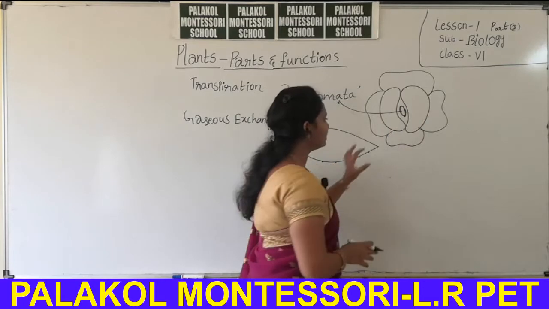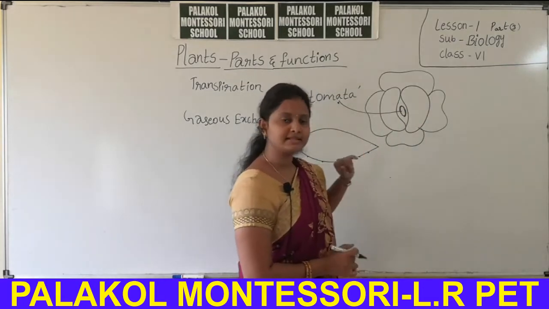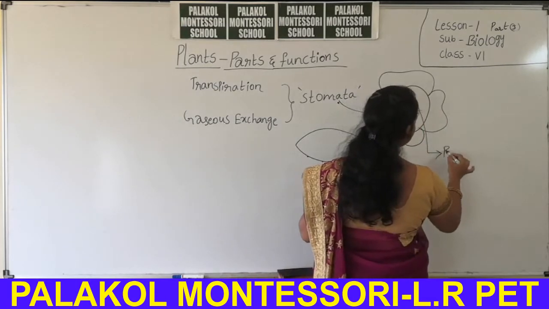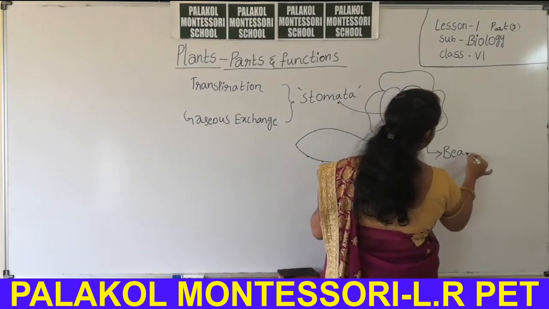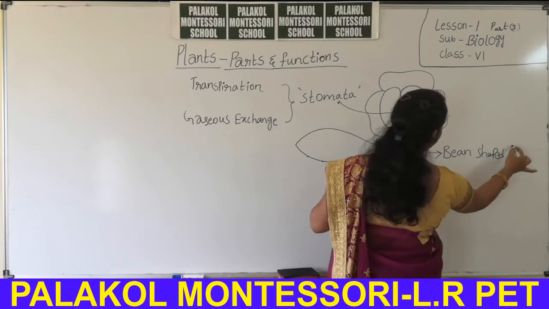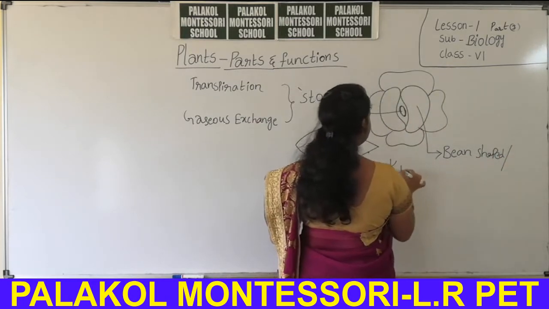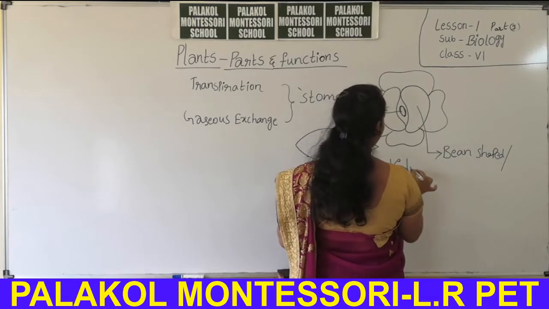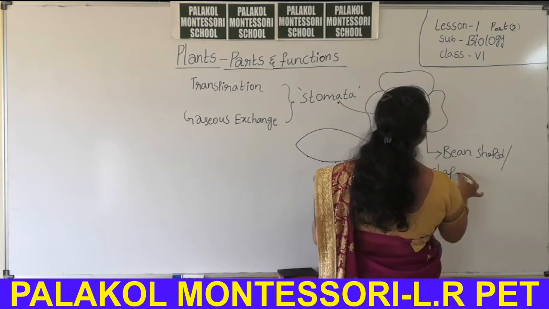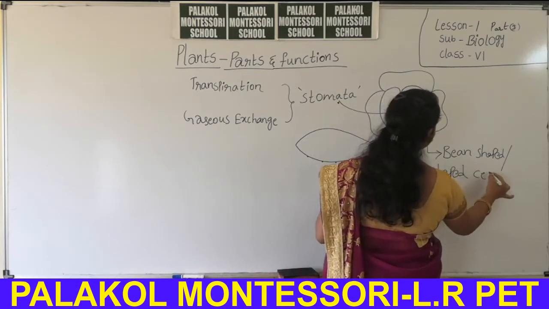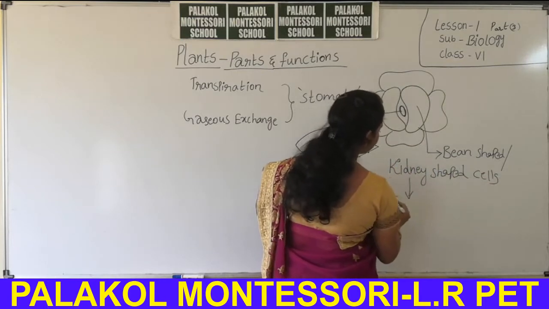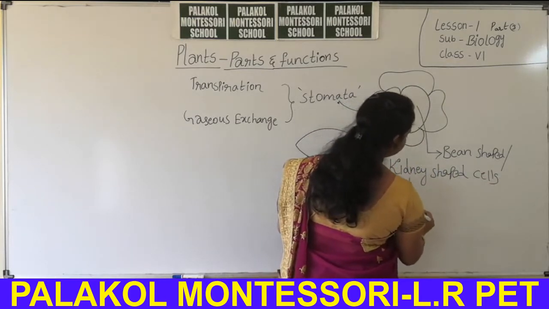This stomatal opening is guarded by bean-shaped or kidney-shaped cells. These cells are called guard cells.